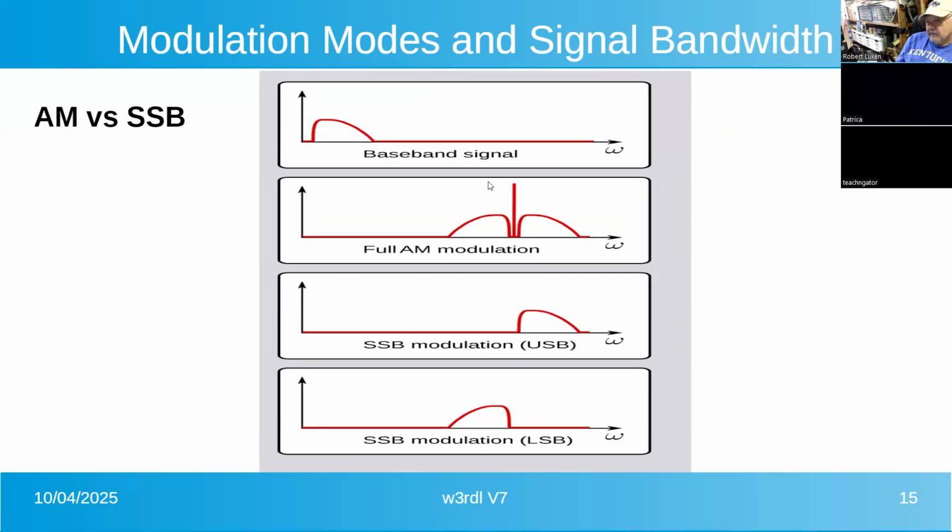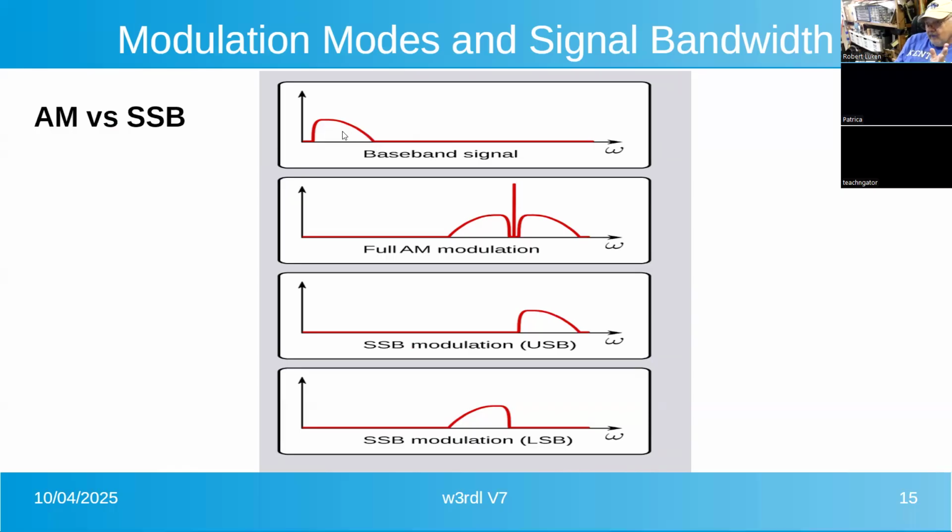I need to put this earlier. At the very top, we're showing your modulating signal. We call that baseband, and that's your voice. You can see there's more energy down here at the lower frequency, and it drops off as you go up. That changes somewhat depending on whether it's a male or female.